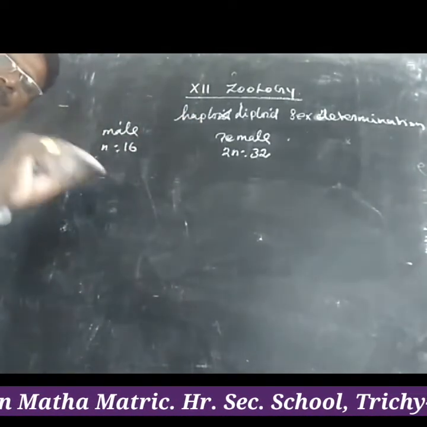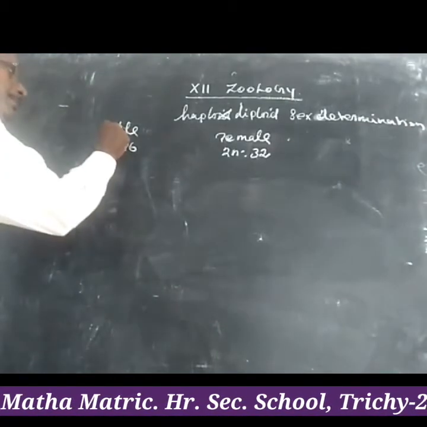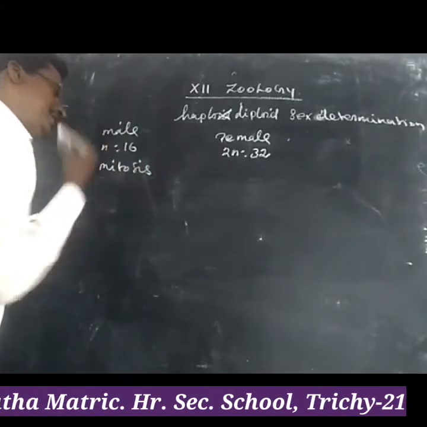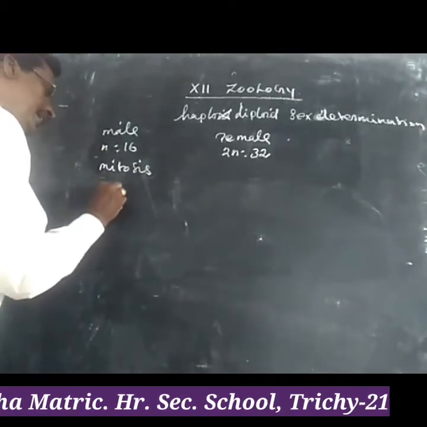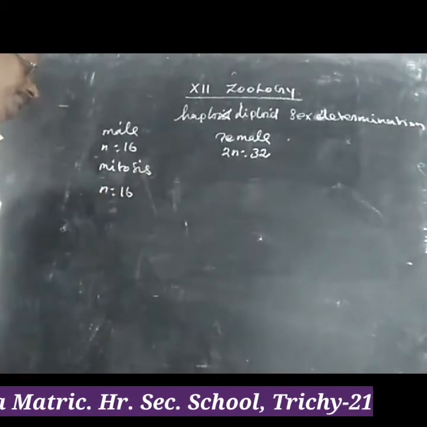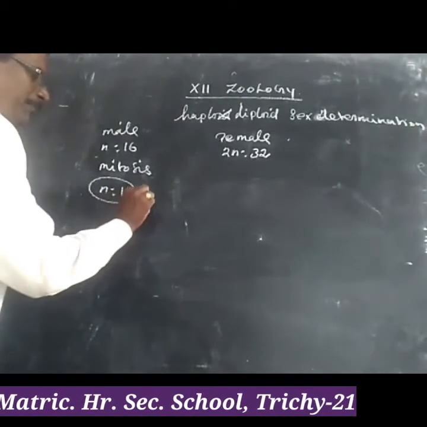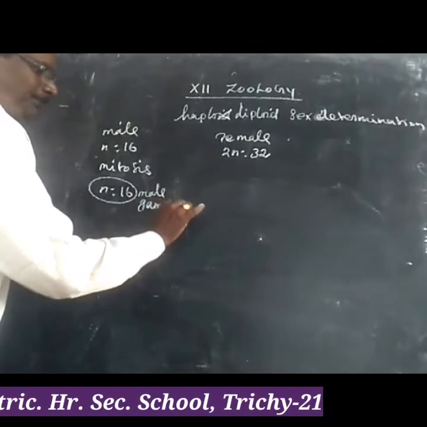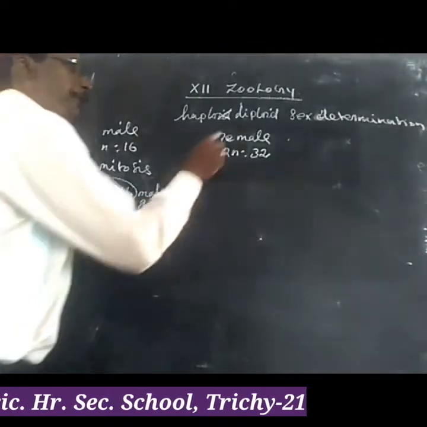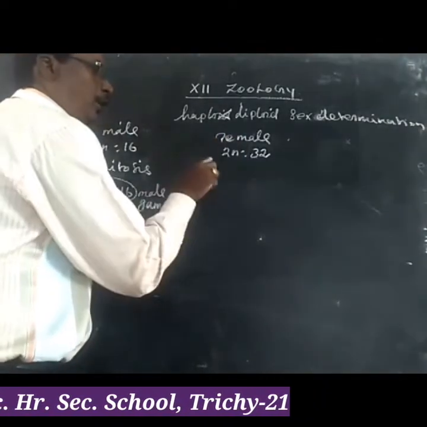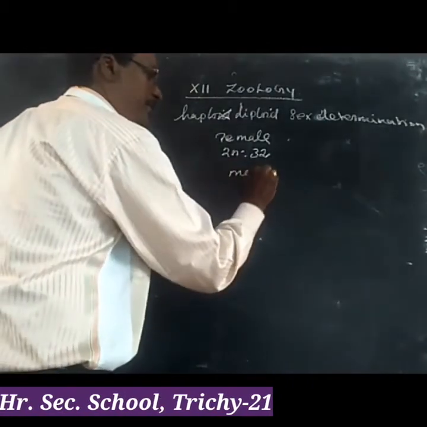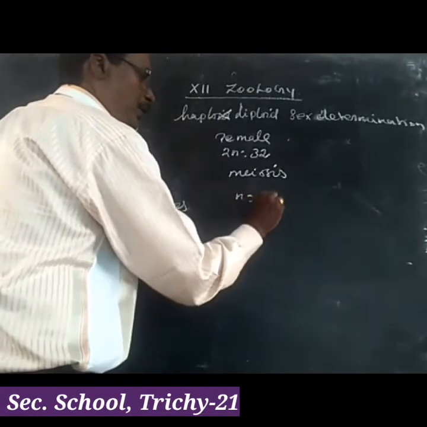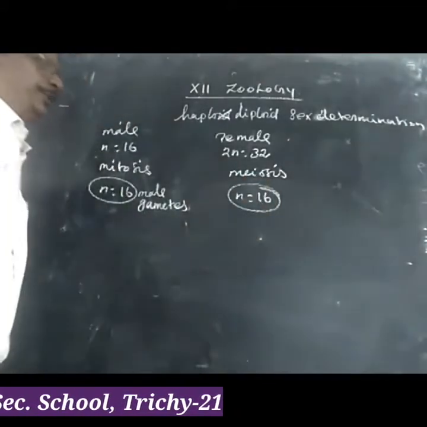During gamete formation, the male undergoes mitosis cell division, so the gametes are n equal to 16. These are the male gametes. The female undergoes meiosis cell division, so the gametes are n equal to 16 chromosomes.